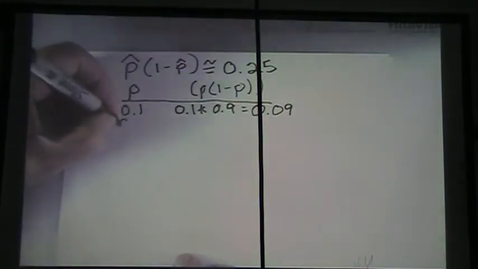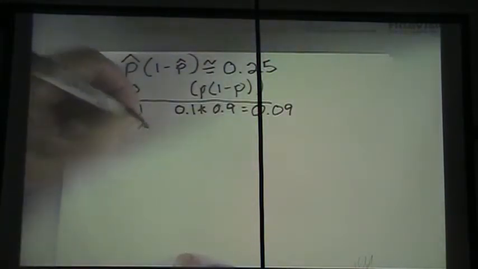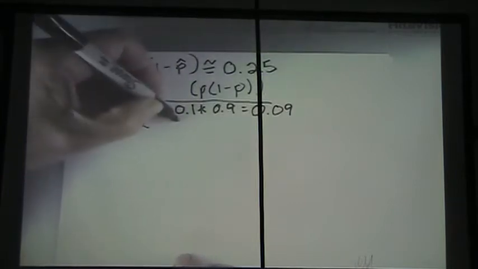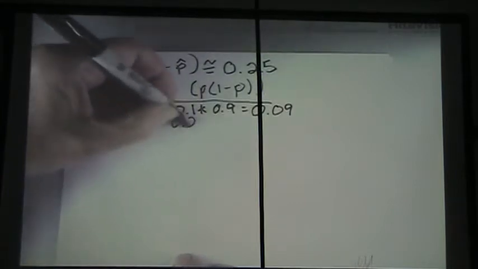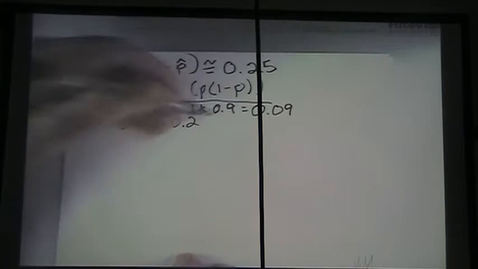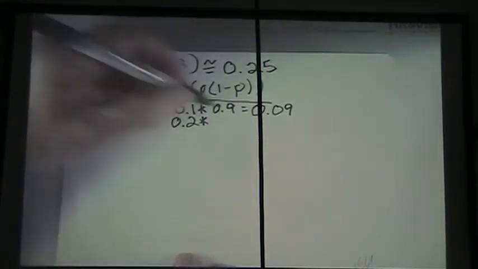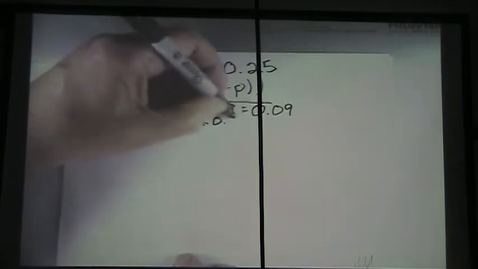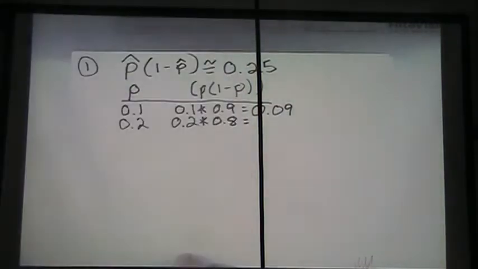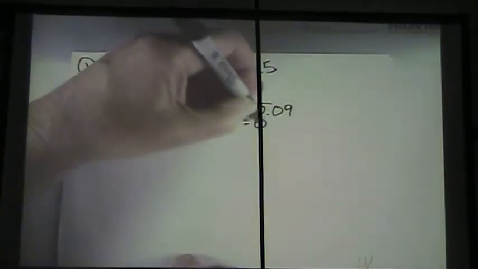At 0.2, that means we're multiplying 0.2 times 1 minus 0.2, which is 0.8, and that's going to be equal to 0.16.